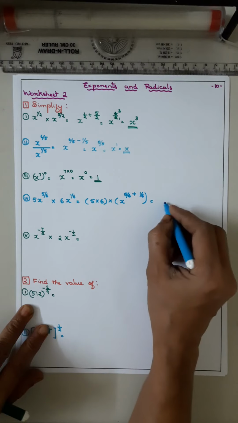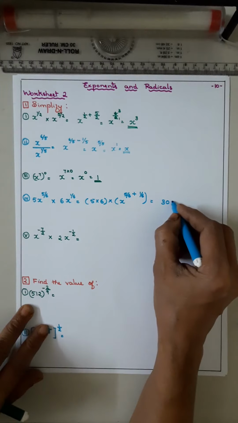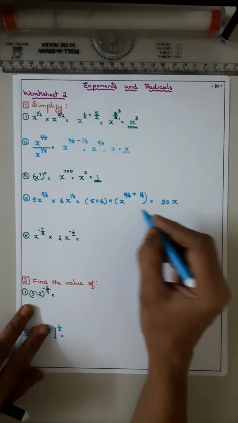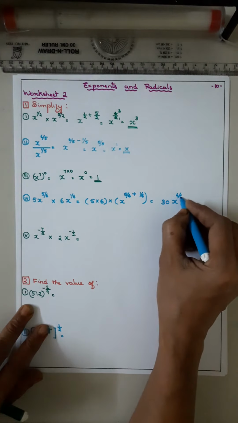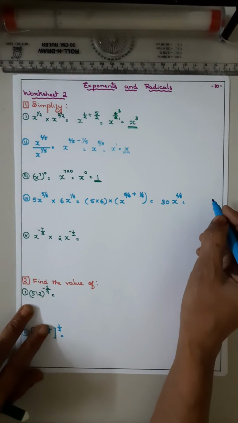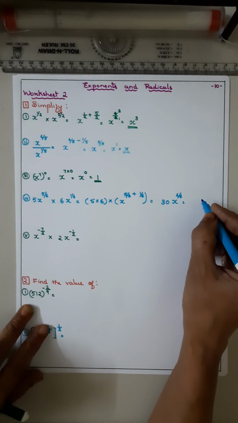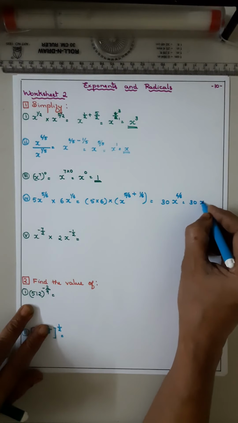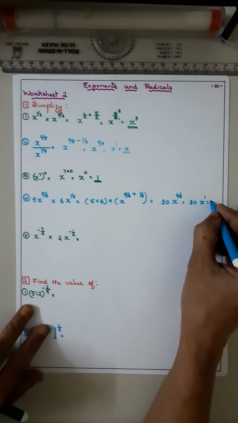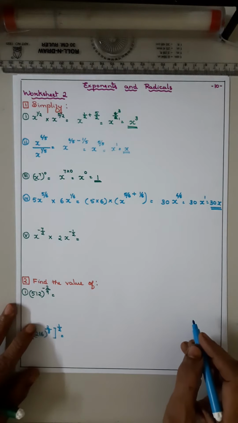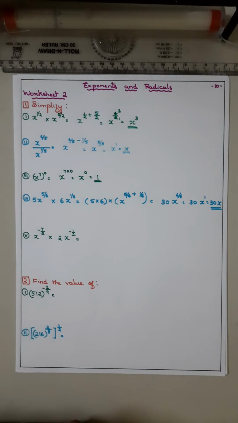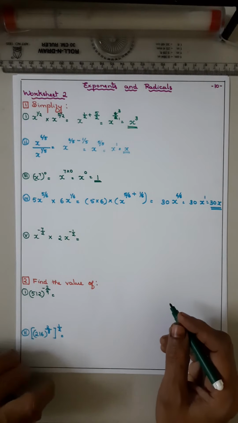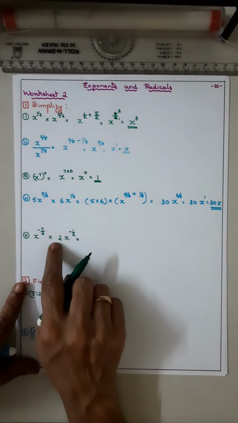Now x to the power 6 by 6, that means 1, isn't it? So that is 30x to the power 1, that is 30x. Clear?